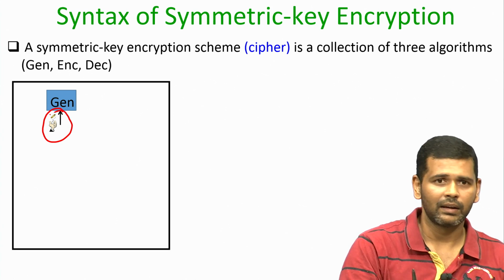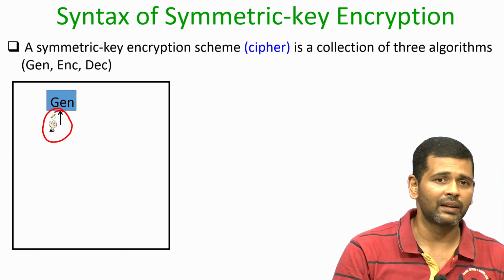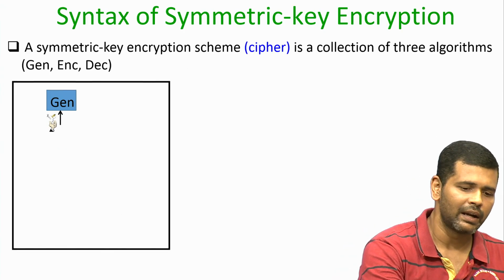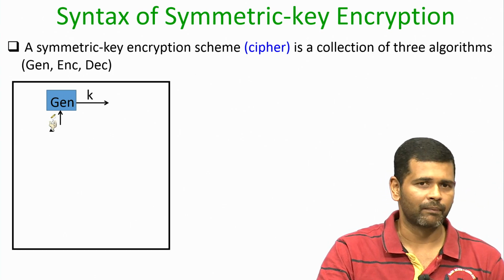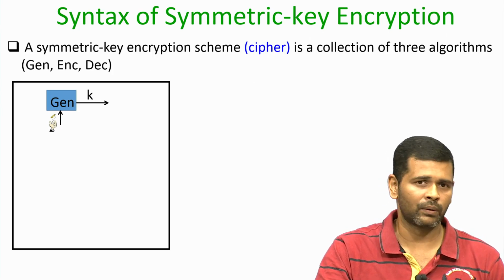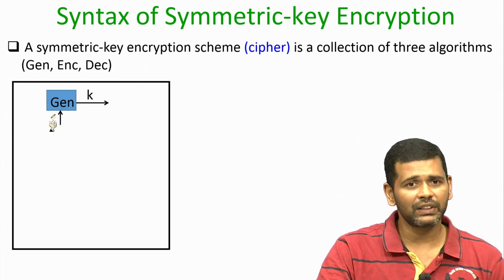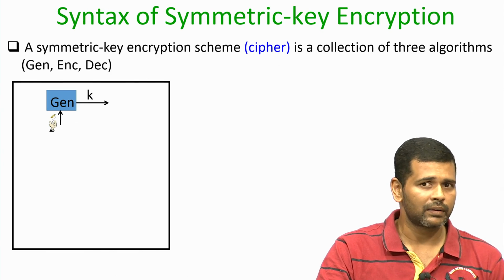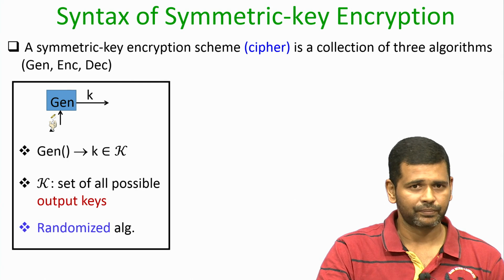When I write this notation that someone is tossing the coin, I mean that inside the algorithm random bit strings are going to be generated, and based on the value of that bit string, the output is going to be determined. So, the output of this key generation algorithm is a key denoted by the symbol k, and since it is a randomized algorithm, every time I run the key generation algorithm, I am bound to get a different output. I will not get the same output.